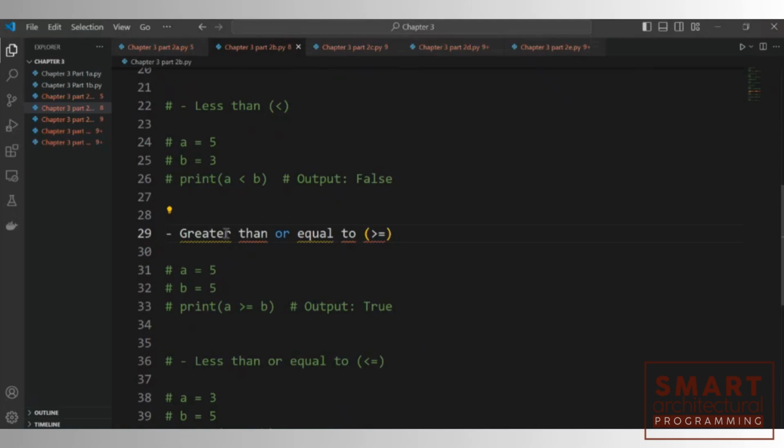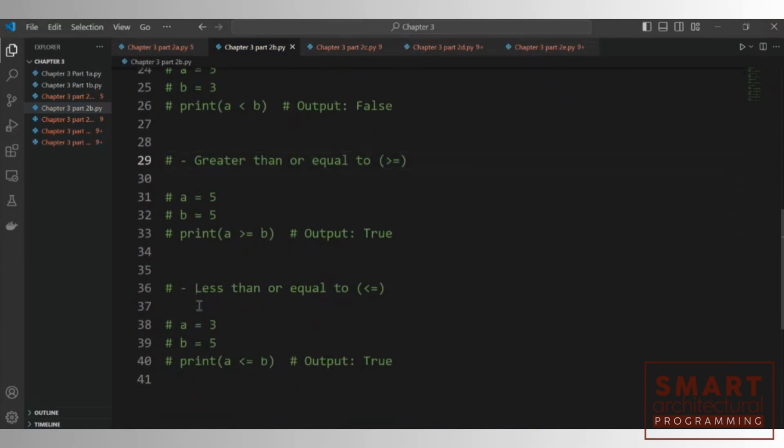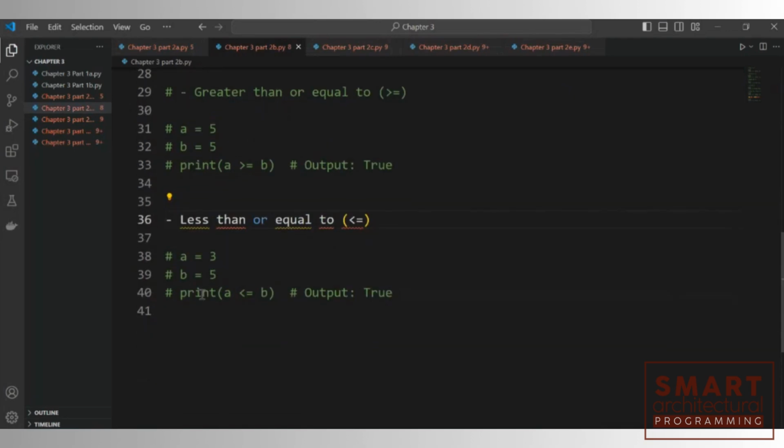So if we have 5 and 5 and we have the greater than or equal to symbol there, the test would give true, and even if it's not greater and it's just equal to the other value, it's also going to output true as the test result. And less than or equal to is the opposite of that. It's going to do the same thing, but it's going to test whether A is less than or equal to B. And that's pretty much a wrap on our comparison operators.